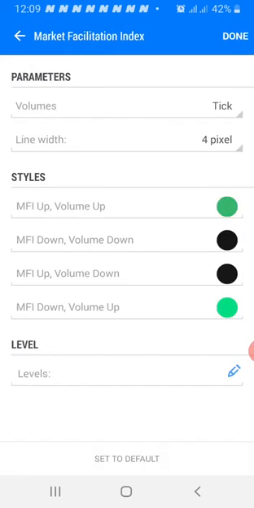For the volume, you use tick. Line width should be 4 pixel. MFI up, we use green. MFI down, you use black. MFI up again, black. The MFI down, green. So this is how you should set yours as well. No levels, so you click done.